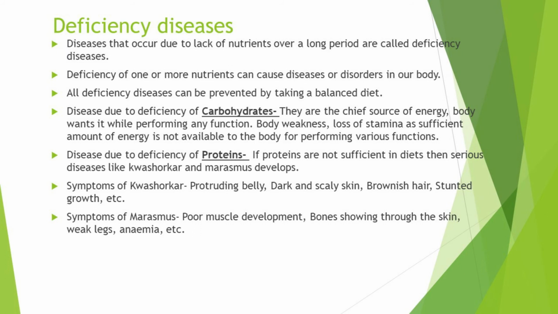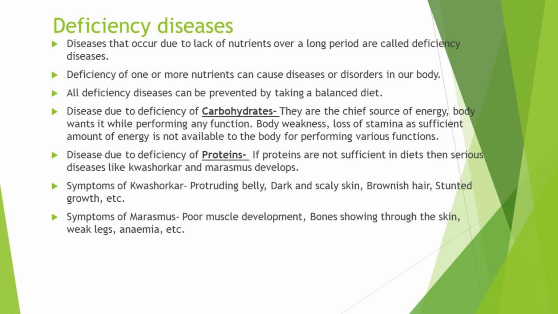Now second is due to the deficiency of protein. The disease caused is known as kwashiorkor. If protein is not sufficient in the diet, then a serious disease happens. Now the symptoms of kwashiorkor are stunted growth, which means growth cannot happen properly. Then skin becomes dry and scaly.